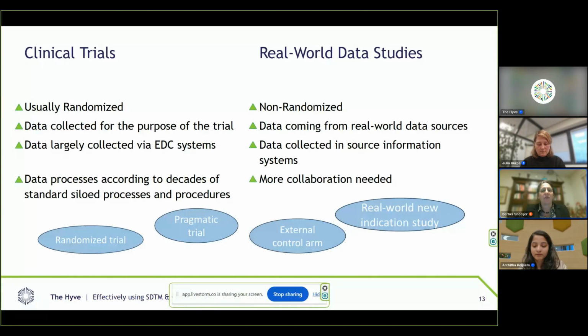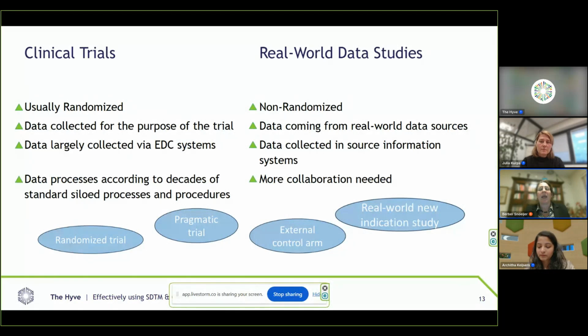If we then look across the spectrum from one side to the other, there are also trials in between. It's not one or the other. We have the randomized trial on one side, which comes completely from the EDC. Nowadays we also have more pragmatic trials that include data directly from EHR sources. We have external control arm trials, where one arm is an interventional arm and the other arm comes from EHR data.